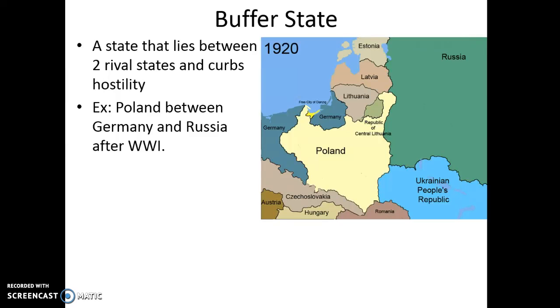So Mongolia and Poland were between two countries that are in conflict with each other. It's that in-between to keep the peace and keep everything calm. Its big thing is to curb hostility.